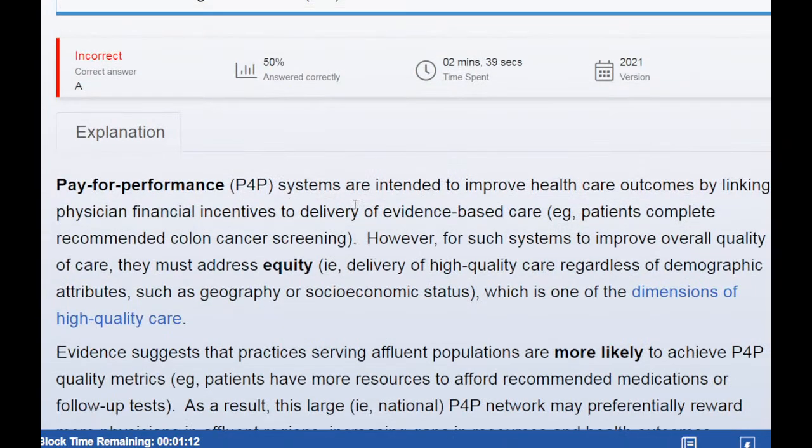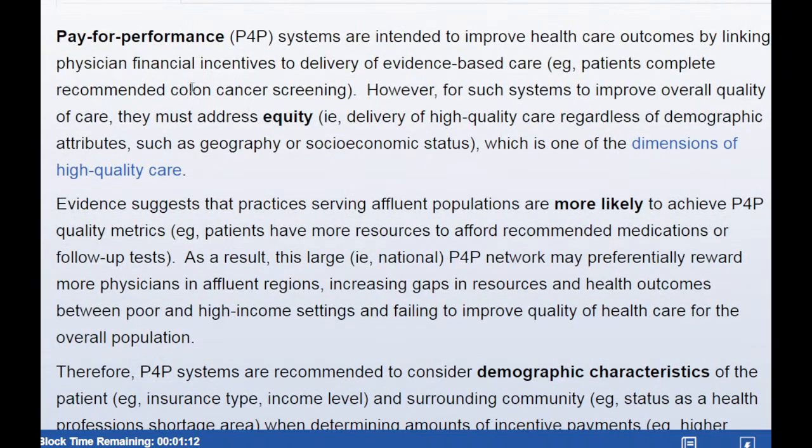Okay. So let's see what they have to tell us about that. Pay for performance, P4P. Pay for performance is a system intended to improve healthcare outcomes by linking physicians' financial incentive to delivery of evidence-based care.